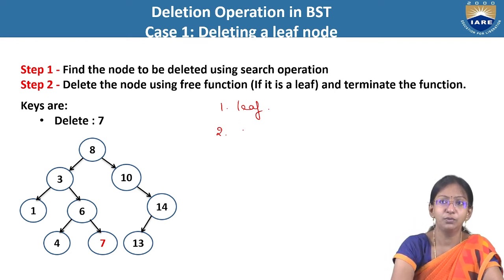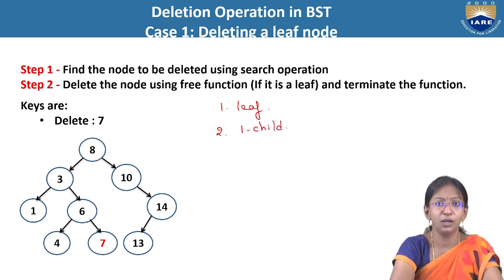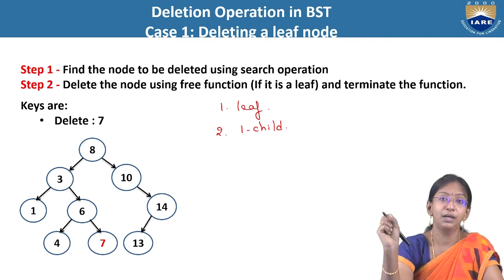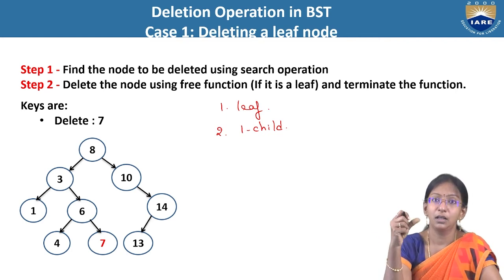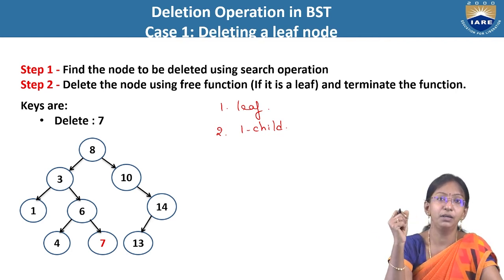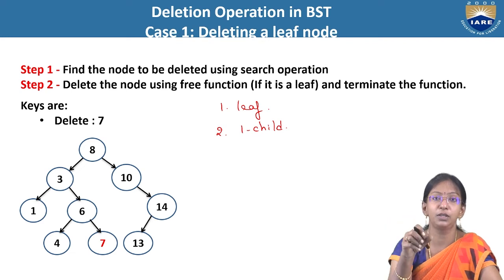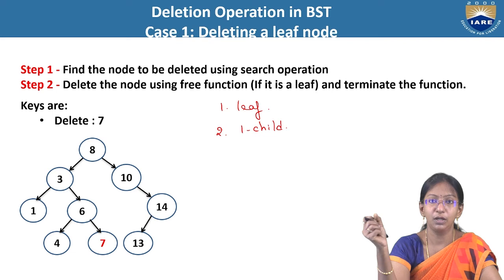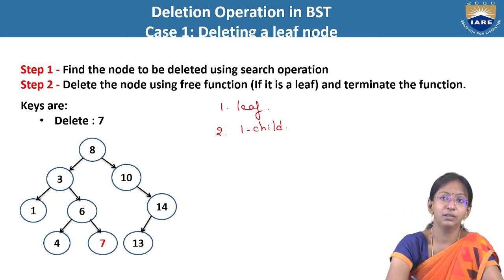Next, a node with a single child. That means a node which has either a single left child or a right child. What to do? If you remove that node, the link between the child and grandparent is going to break. If you remove the parent just like that, we cannot do that. There is a small algorithm which I will explain.